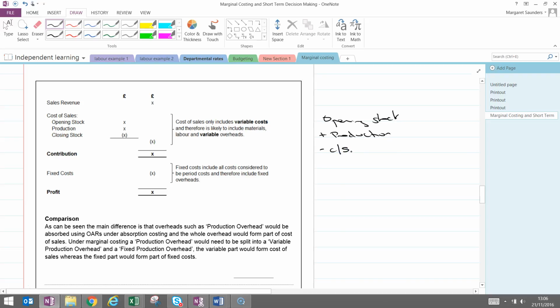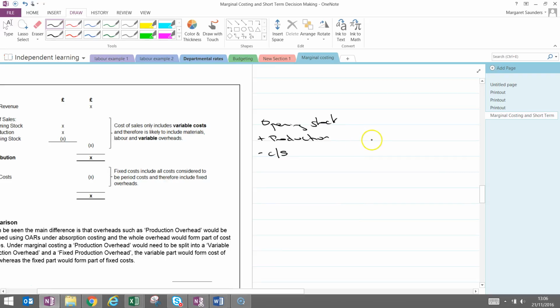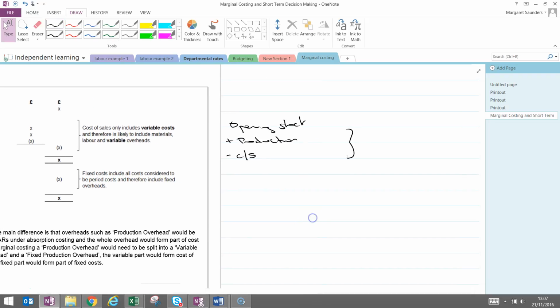The difference is that when we arrive at our figures for production and for closing stock, we are using the marginal cost or the variable cost. So we would be using direct material, direct labour, and any variable overheads.